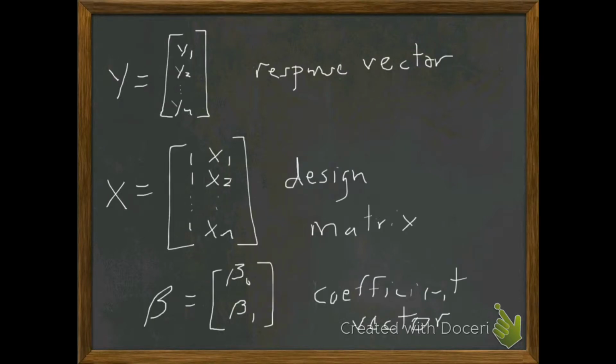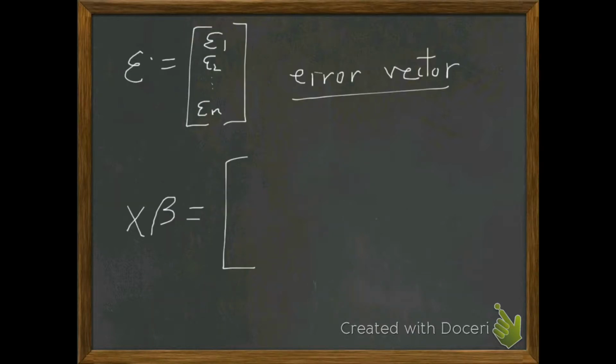If we multiply x and b, we're going to take a linear combination of the first row and the first column in b, so we'll get beta 0 times 1 plus beta 1 x1. And of course, beta 0 plus beta 1 x2.